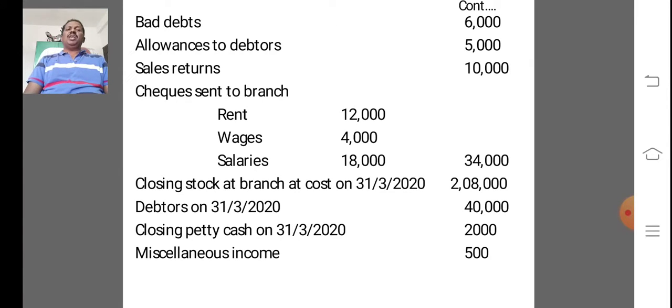And closing stock at the branch at cost on 31/3/2020 2,08,000. Debtors on 31/3/2020 rupees 40,000. Closing petty cash on 31/3/2020 rupees 2,000. And miscellaneous income rupees 500. Next.